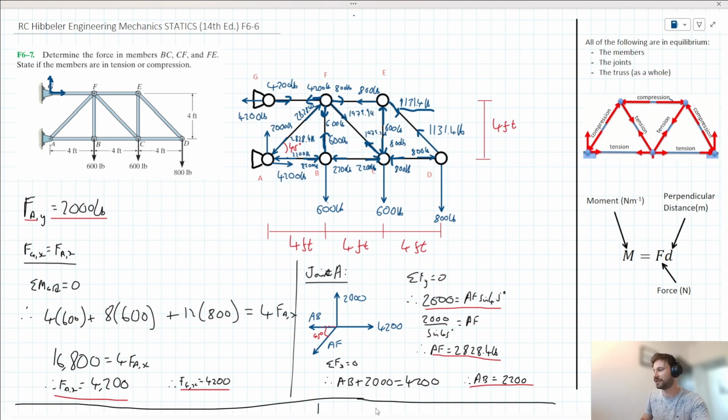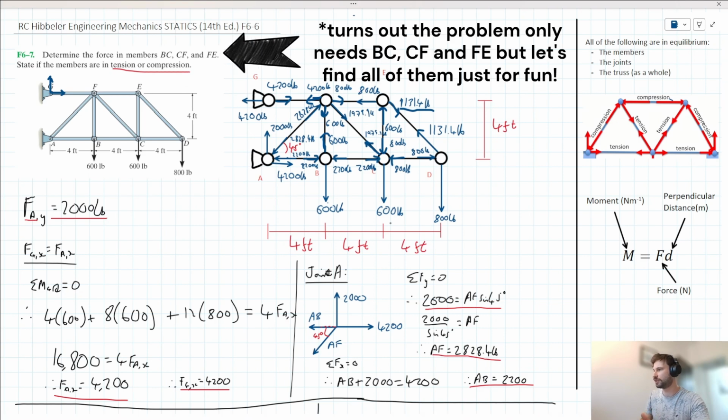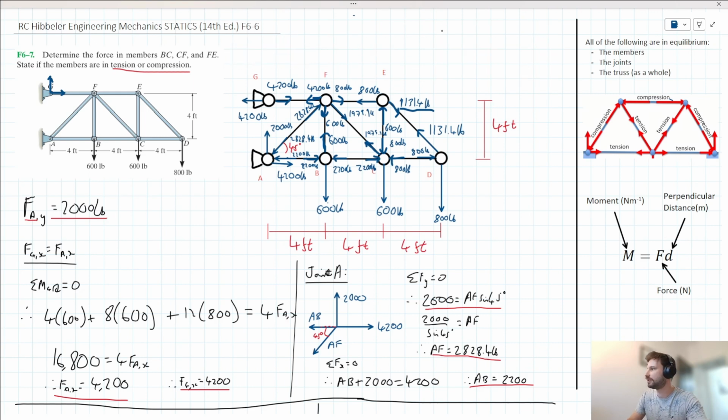Are we done? No. Evidently, the question is also asking us if the members are in tension or compression. What we could do is list out our members in the top of our workings here. We could say we've got AB, BC, CD, DE, EF.